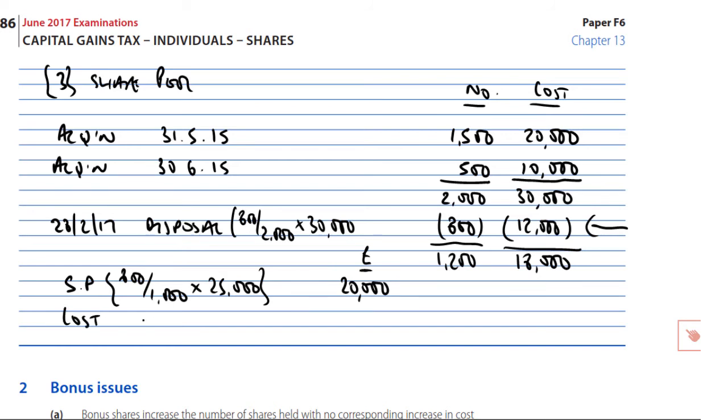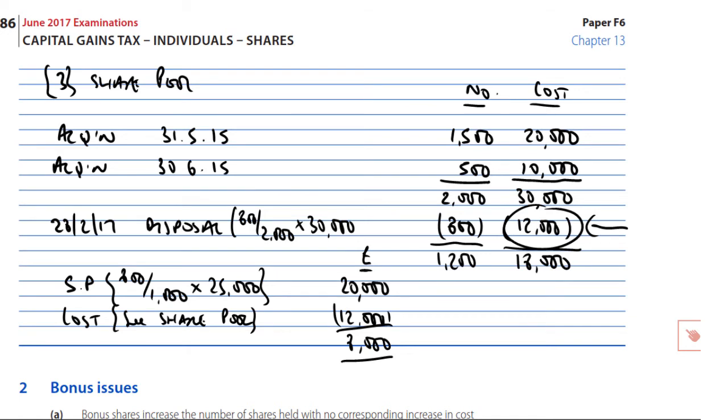And your cost, of course, as we know, we would see the share pool, or working 1 or working 3 or whatever you want to call it, of course, in your exam at this point, if it's in a written question. Otherwise, you just need the information. And what you know is, there is your cost, £12,000. £12,000, take it away, and we are looking at a gain of £8,000 on those shares.